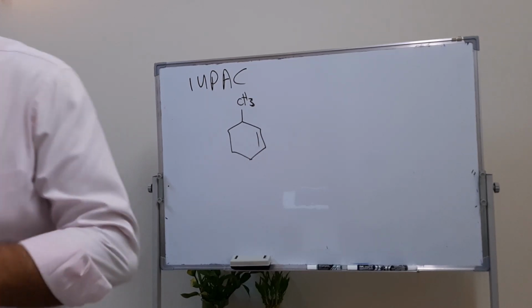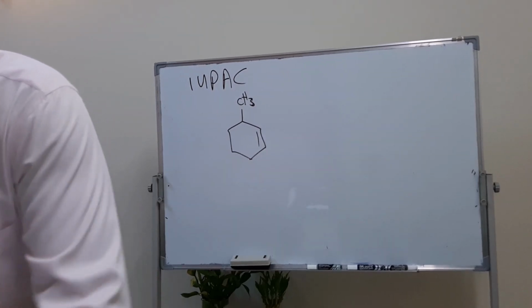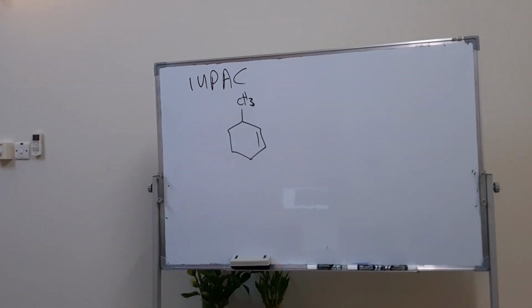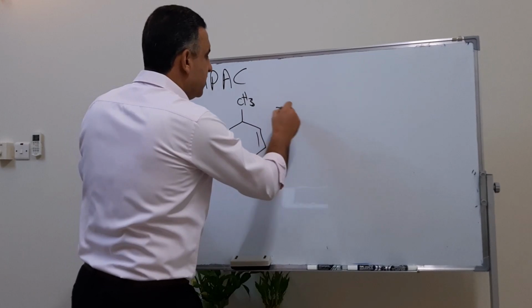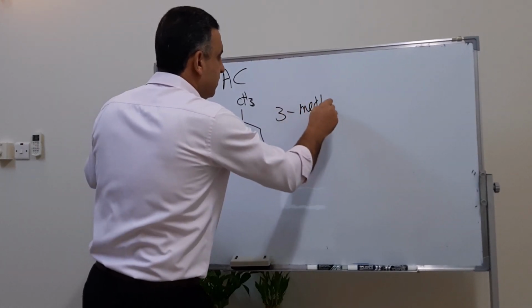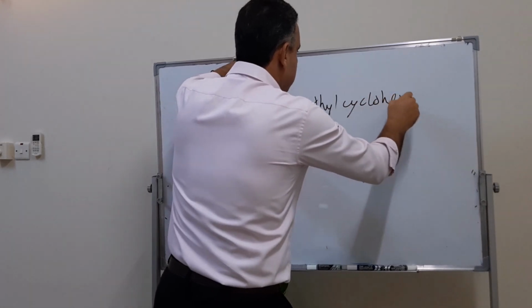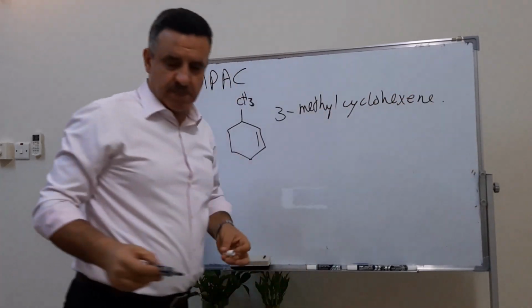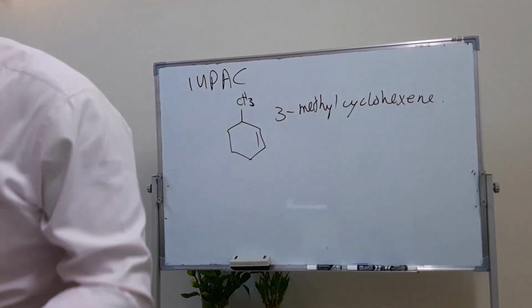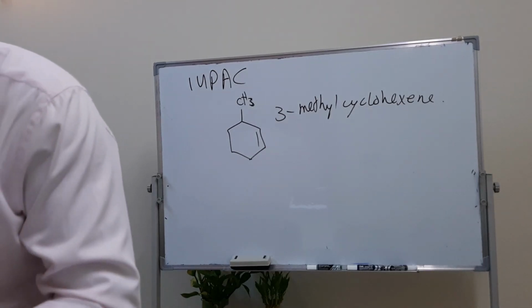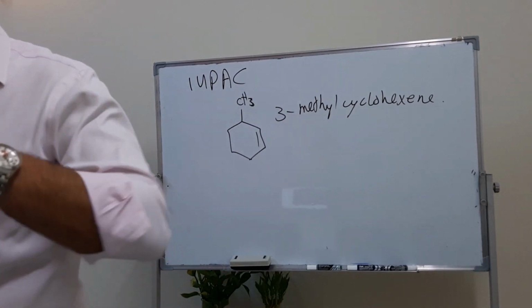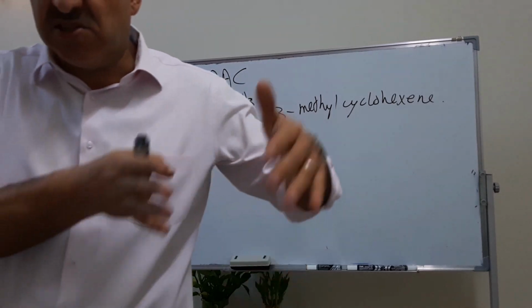Thank you. All right. Actually, the correct name, Maria, is 3-methylcyclohexene. The correct name is 3-methylcyclohexene. Anything else is wrong.